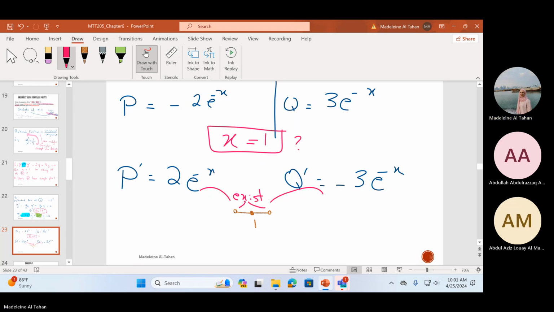Do we agree? So what can we say now about P and Q? P and Q are analytic at x equal to 1. Who was asking about how to check around? You look at the function. It doesn't have a problem at 1, and around 1 it doesn't have problems either.